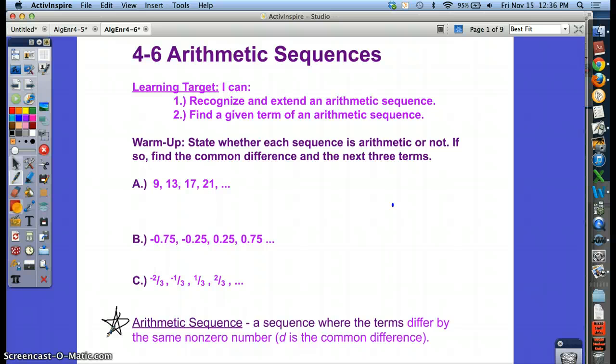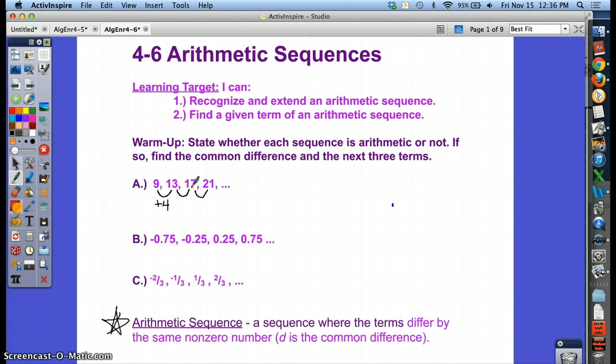When you're looking at these sequences of numbers, you're looking for a pattern and you're looking for a common difference. So what's the difference between these two terms? What's the difference between the next two terms? Those differences should be the same. So 13 minus 9, the difference is 4, or I added 4 to the first term.